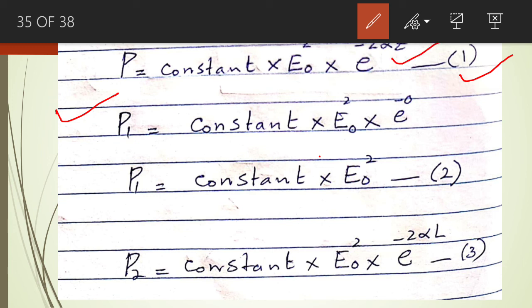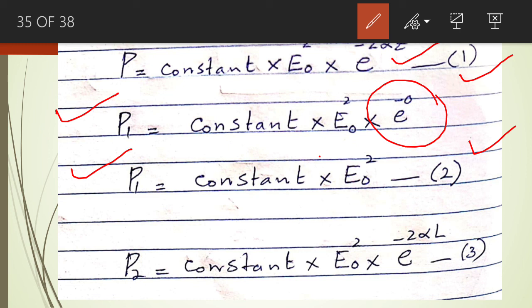Why? Because the value of Z for P1 is 0 and e raised to power minus 0 is 1. So P1 in this particular case will be equal to a constant multiplied by E naught square. Let's say this is equation number 2.